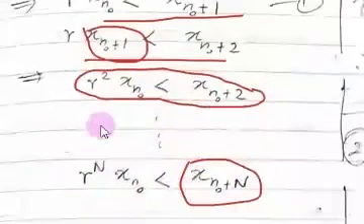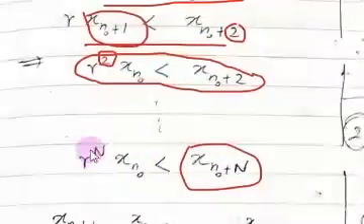Here, look at the pattern. If you have x sub n naught plus 1, this number is bigger than r to the power 1 times x sub n naught. If you have 2 here, you have r squared times x sub n naught.